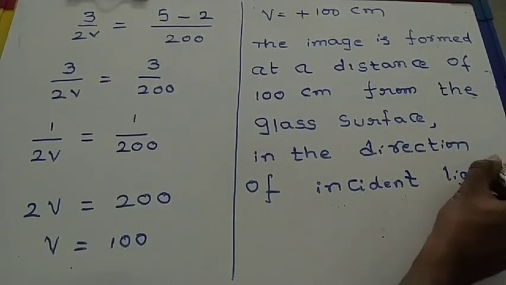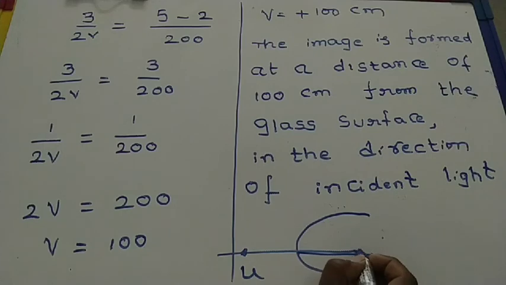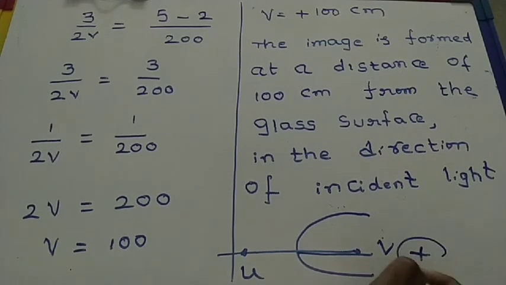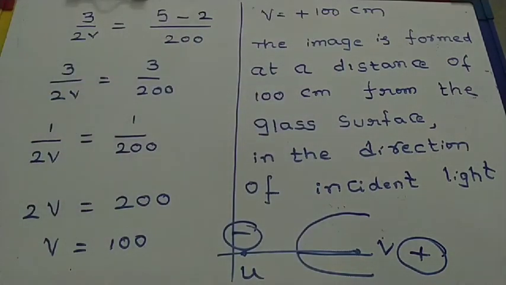Okay, incident light. So this is U, this is V. That is why V gives a positive, U is negative. Okay, so this is the approximate diagram for this one. Like this we have to solve such type of numericals. Thank you very much.